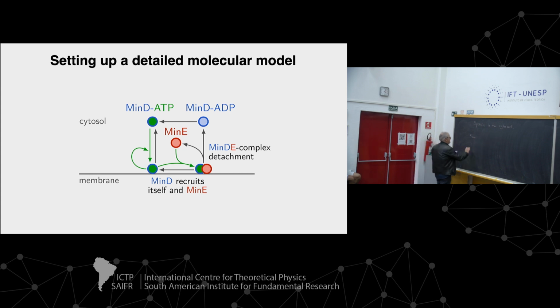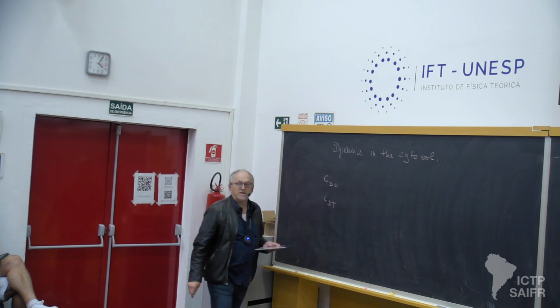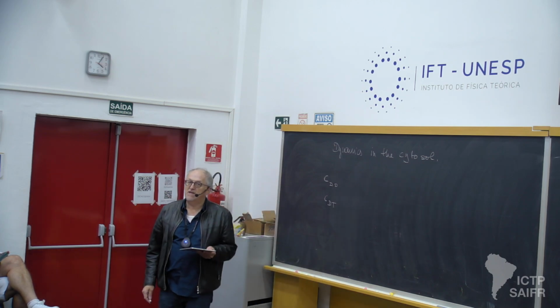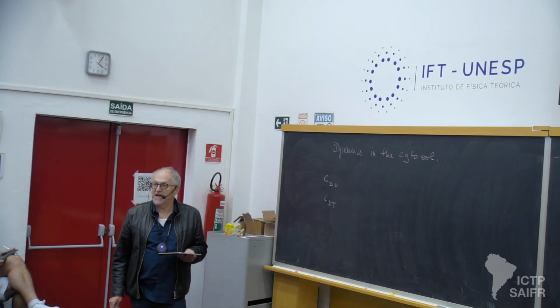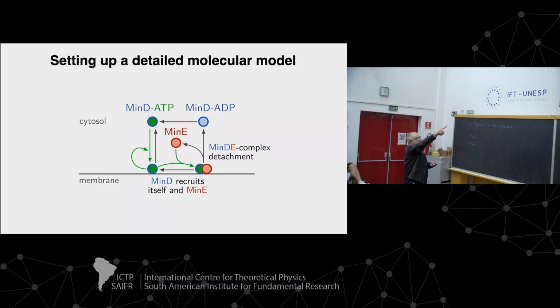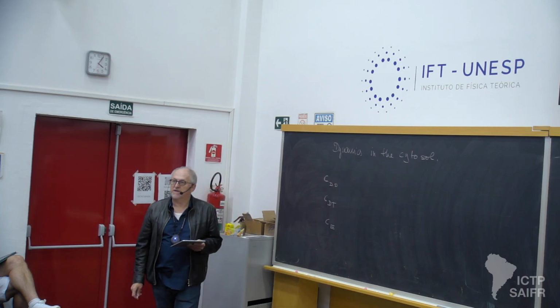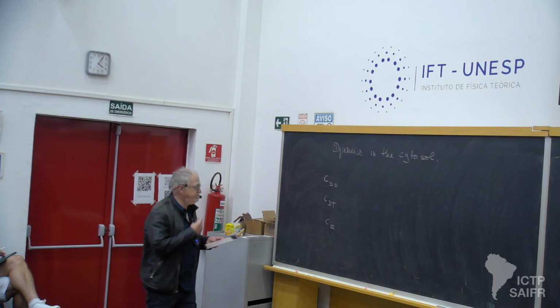That's one player. The next player that we have is also a MinD protein, but it is now in the active state with the ATP bound. So that step from the blue dot to the green dot that we have. Okay? And you also have the MinE protein that you can study here.